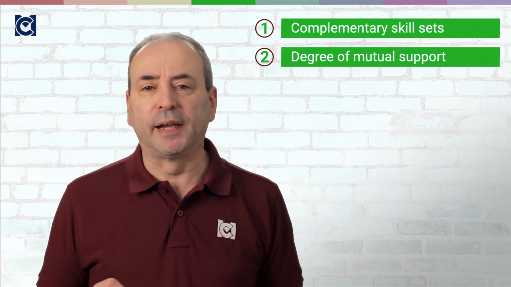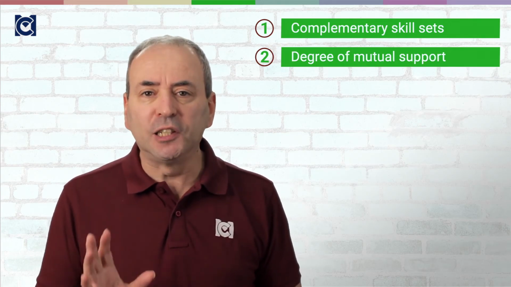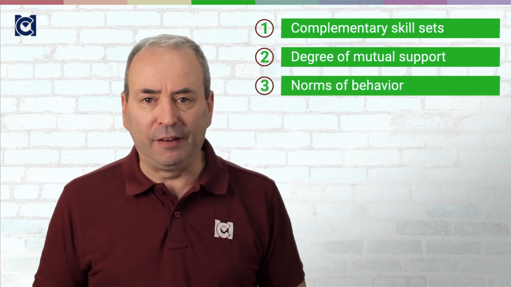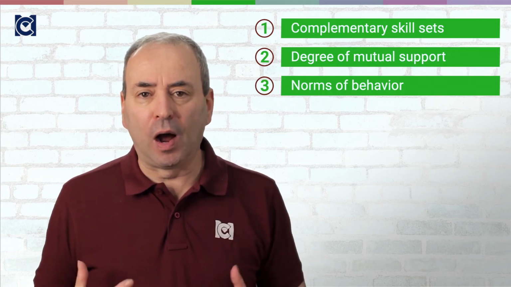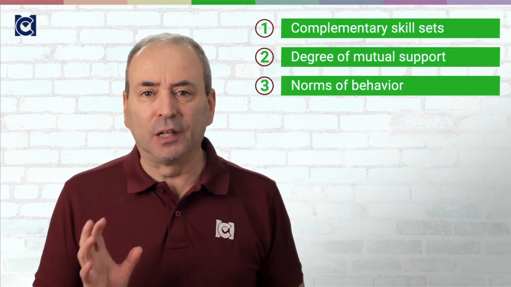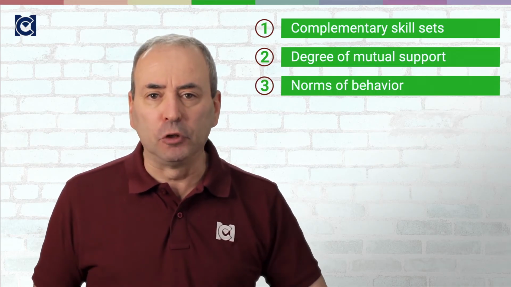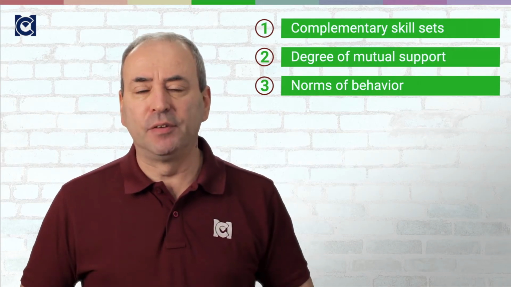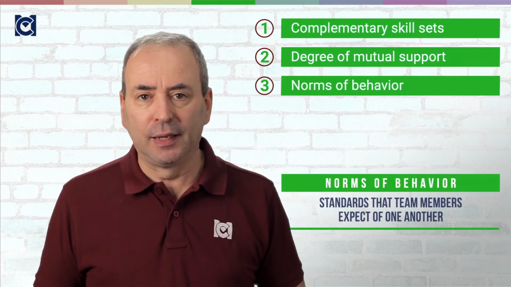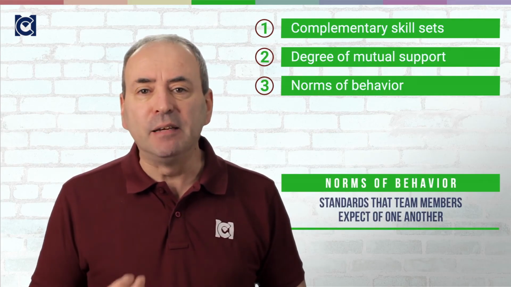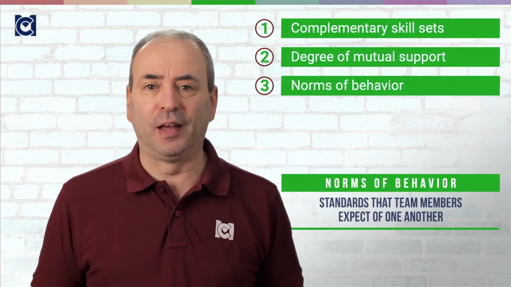My third distinguishing characteristic is what psychologists call norms of behaviour. A group has no internal unwritten rules except those it gets from outside the group. But as the group develops into a team, it develops its own norms of behaviour. Standards that team members expect of one another.